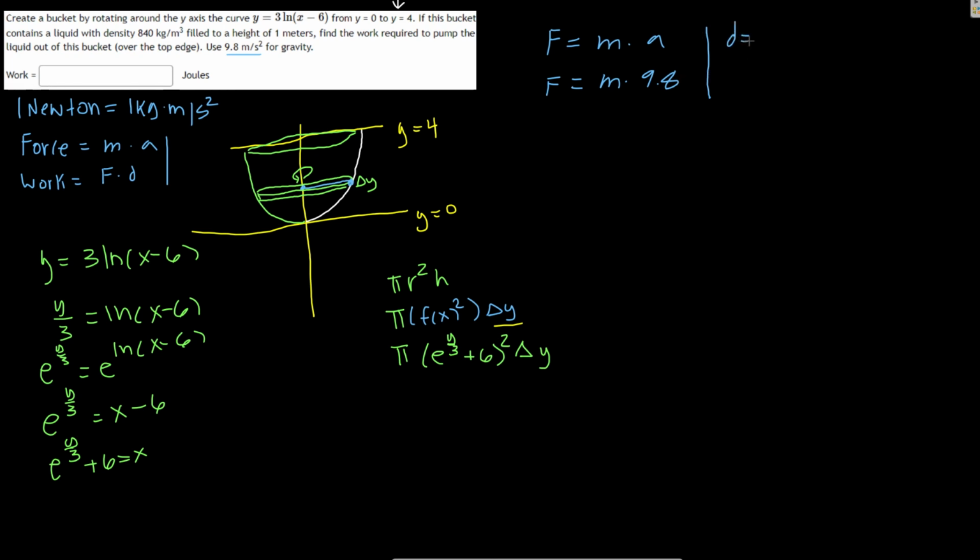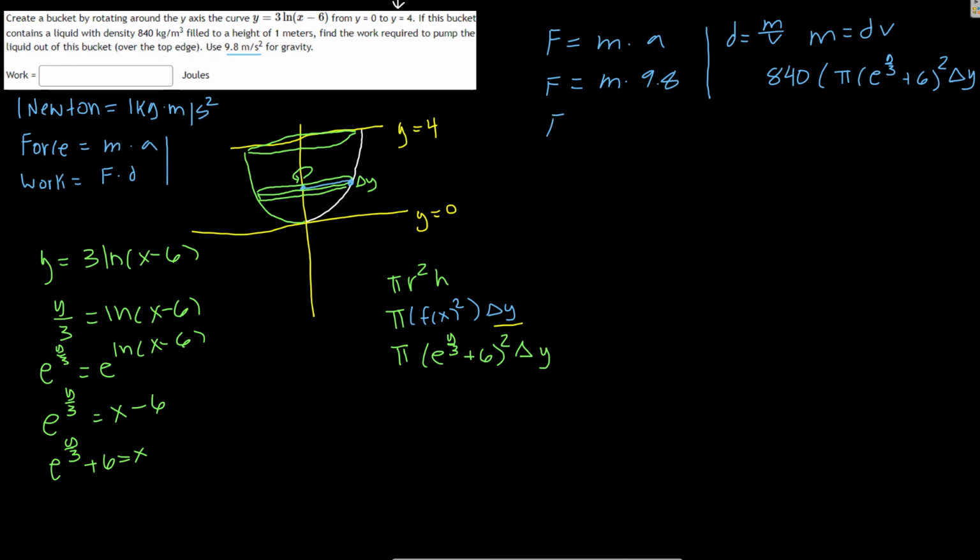So we know that density equals mass over volume, so that means that mass can be expressed as density times volume. Or in other words, we have the density, 840 kilograms, times our volume that we calculated earlier, which is pi times e to the y over 3 plus 6 squared times some change in y.